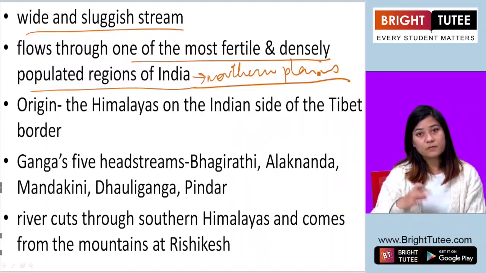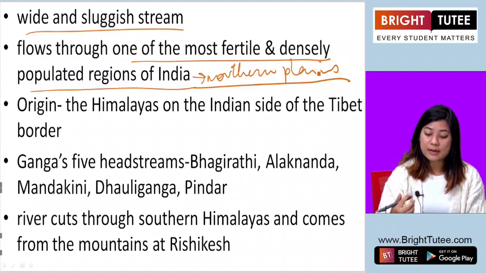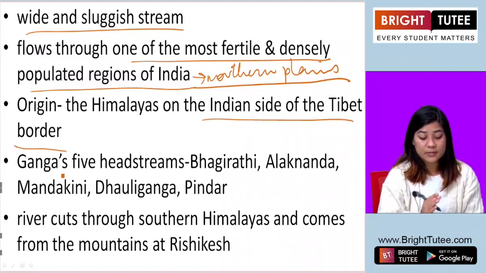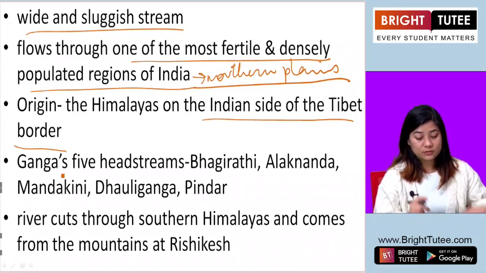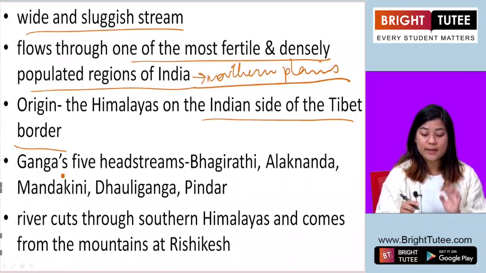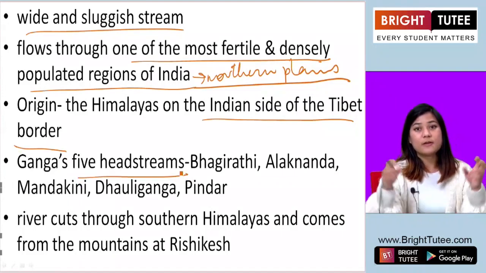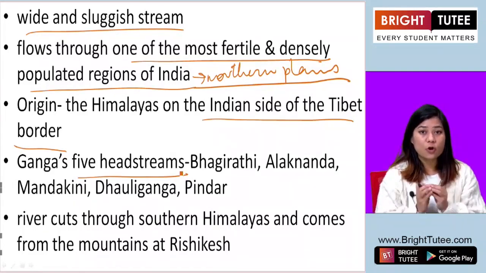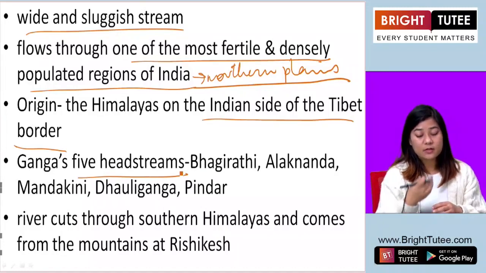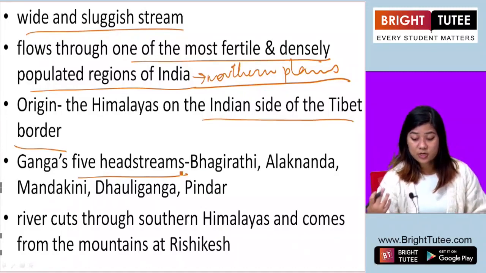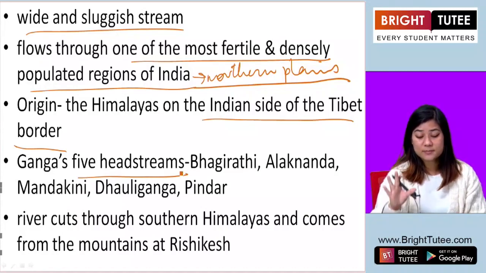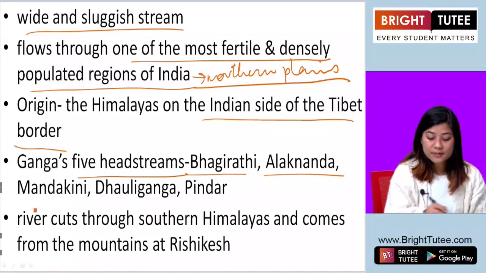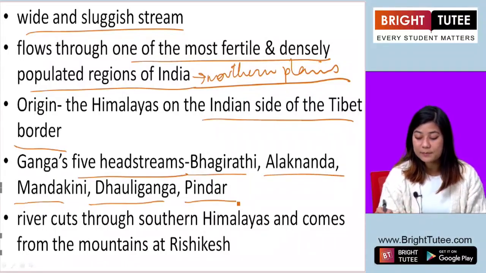The origin of the Ganga river is also in the Himalayas, on the Indian side of the Tibet border. Now the river Ganga is formed by five head streams. There are five smaller streams which come together, join, and then from there the river Ganga begins its journey. The five head streams of Ganga are Bhagirathi, Alaknanda, Mandakini, Dhauli Ganga and Pindar.